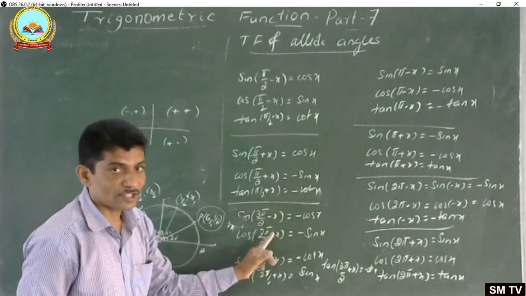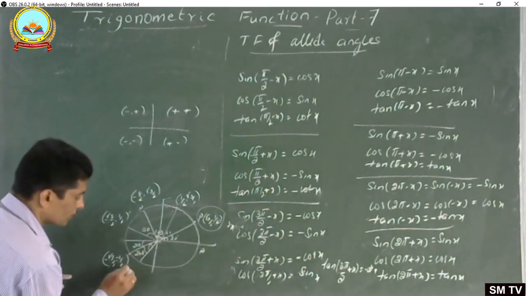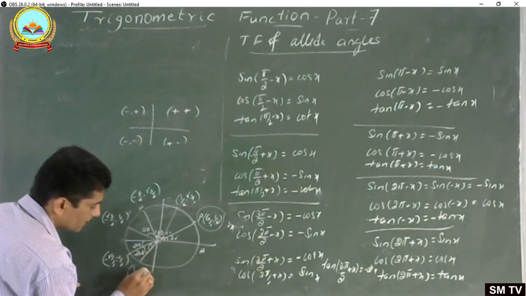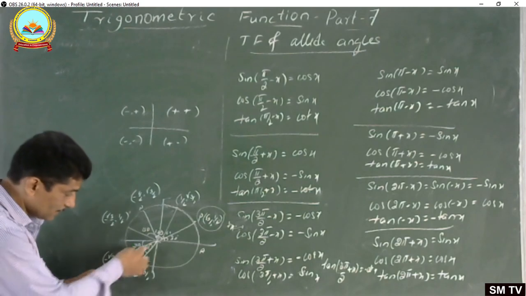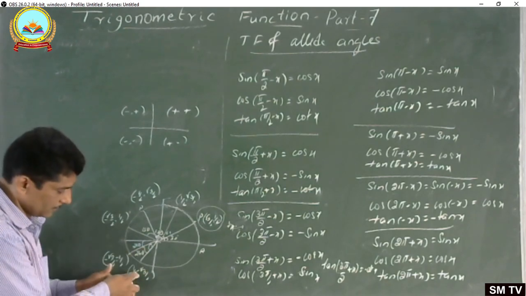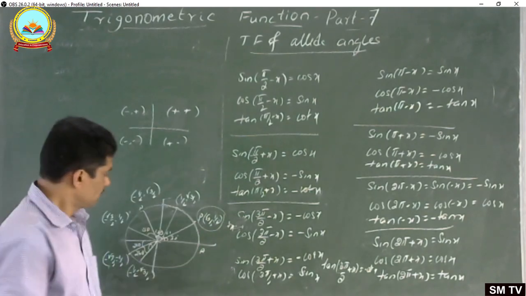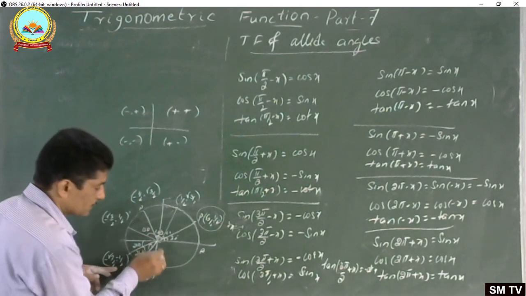The coordinates interchange. The x and y coordinates interchange, and the sign changes. These two interchange. The x coordinate goes to the y coordinate place, and the y coordinate goes to the x coordinate place, with the sign change. This is the sin of 240, cos of 240. The next one is 3 pi by 2 plus x, 270 plus 30, 300 degree.